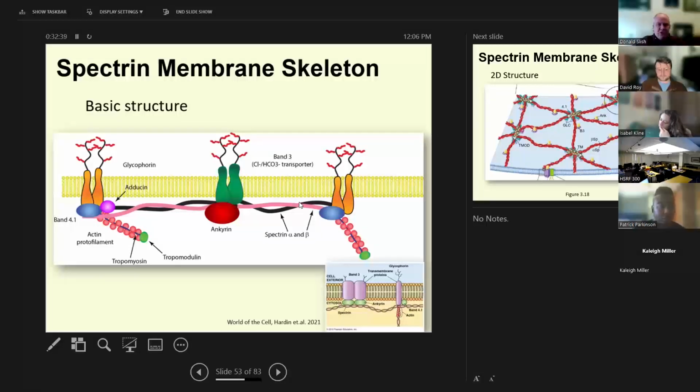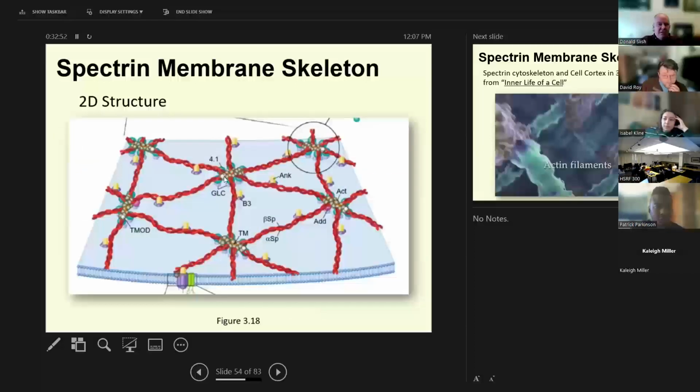So you've got this basic structure here, band 3 and ankyrin, spectrin going over to band 4.1, glycophorin and an actin microfilament here. And that basic structure repeats over and over again in 2 dimensions across the membrane.